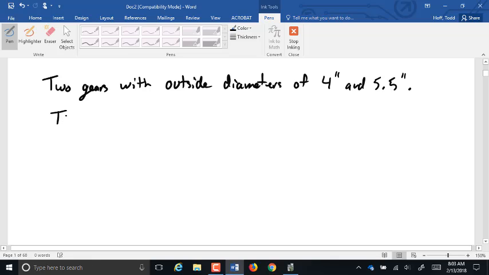The center to center distance is 4.58 inches.